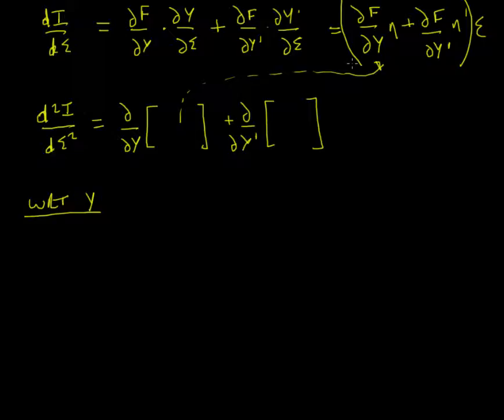Plus we've also got to do the chain rule for differentiation as well, because we're differentiating with respect to epsilon, and f is a function of y and y is a function of epsilon, so we need to use the chain rule. So let's just get ahead with it.